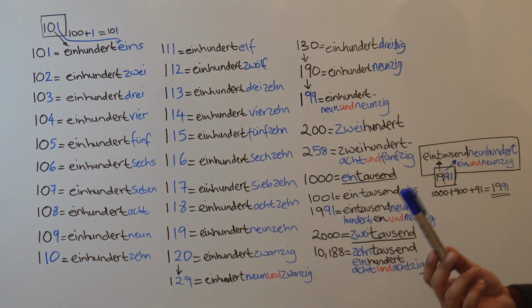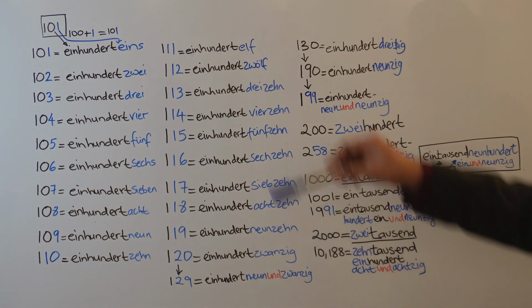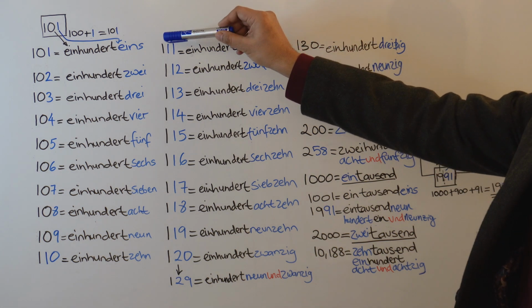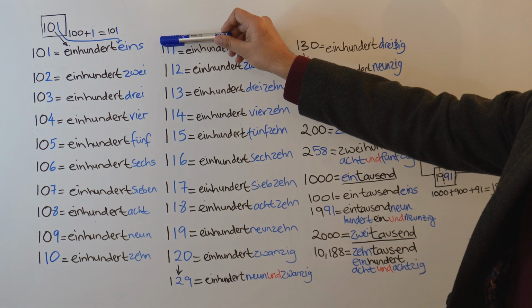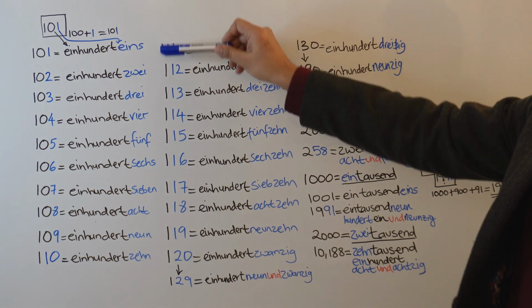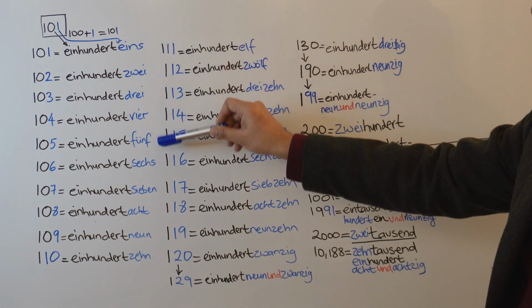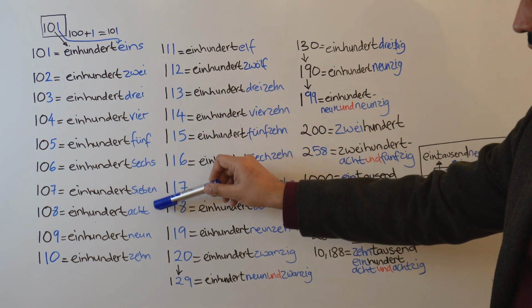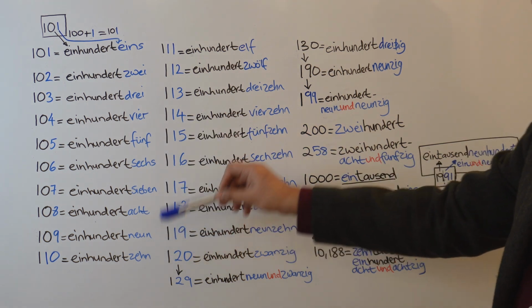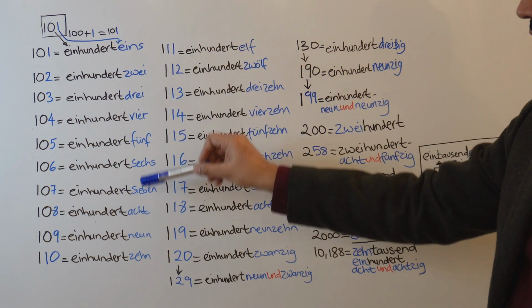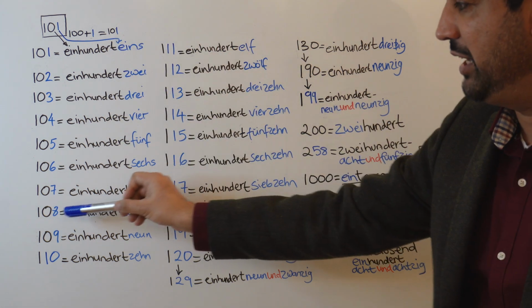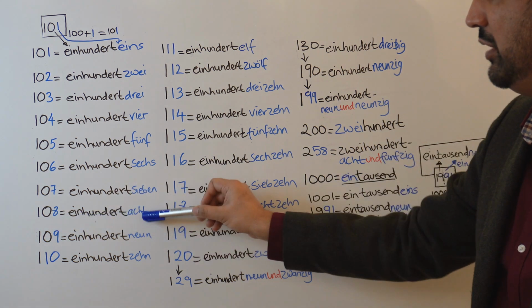One more thing you should notice over here, that the digits in blue are just the simple digits as you have learned till now, 1, 2, 3, 4, 5, 6, 7, 8, 9, 10. So what did you do? You just put 100 before these digits, and then you will get the 100 numbers, like 108.